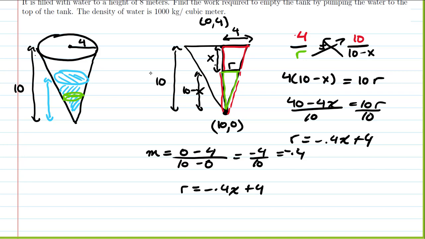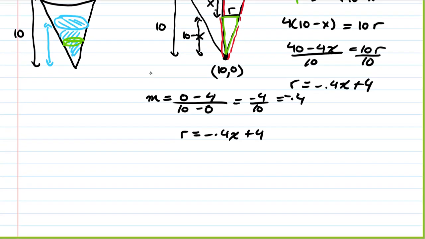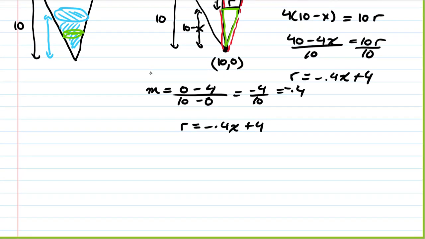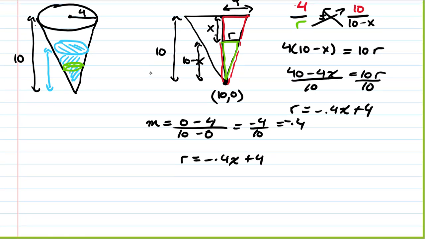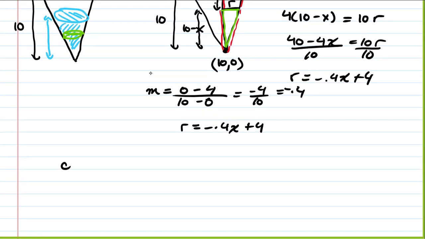But we have choices. So now we need to figure out how much work we need to do. We finally know what our radius is of this little piece right here, right? So we need to figure out some things. The volume of this little disk that we've drawn, we need to figure that out. So what is its volume?